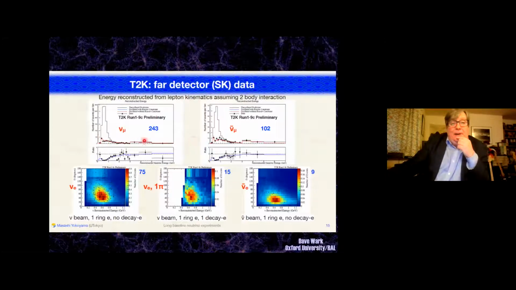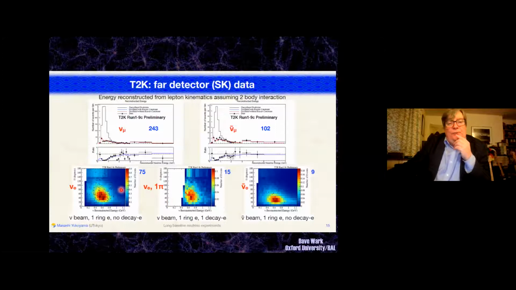What we're trying to do is compare this to this, or more specifically, we're trying to compare the appearance of electron neutrinos. What's plotted here is the energy versus the angle of electrons emitted in the detector. The data are the dots, and the prediction is the underlying heat map.